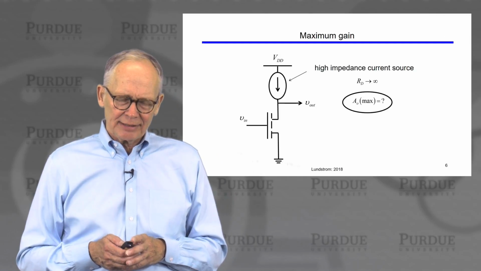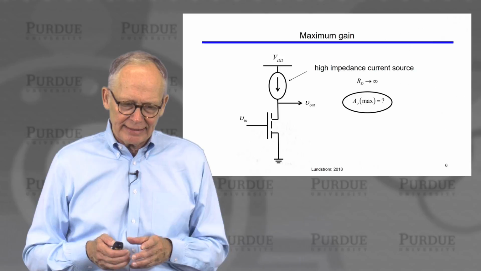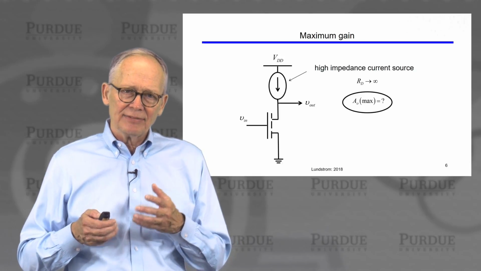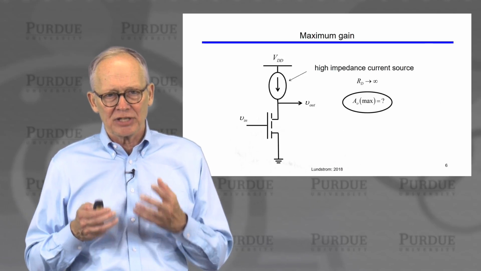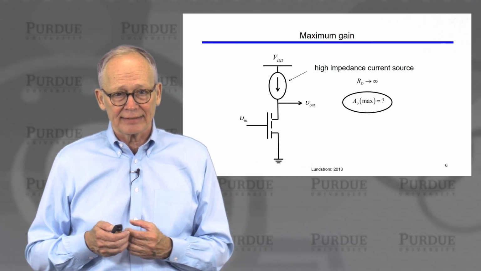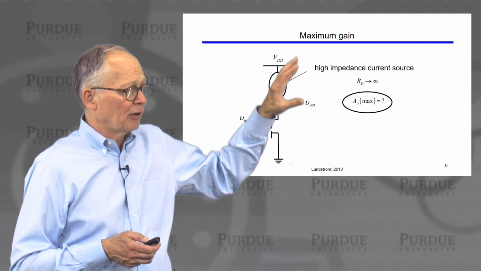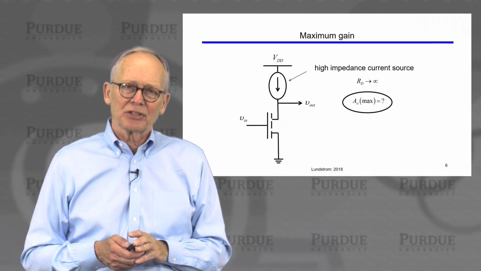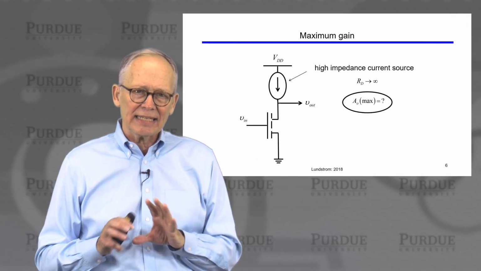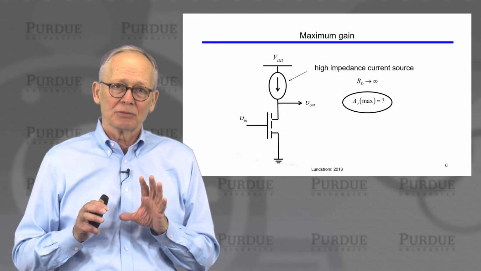Now, one of the questions that designers would ask is, if I'm very clever and design very sophisticated amplifiers, what is the maximum gain I could ever achieve using this transistor technology? Well, there are ways that designers have where we can implement almost ideal current sources that have nearly infinite small signal resistance.